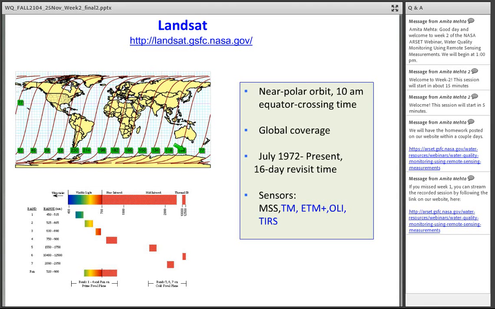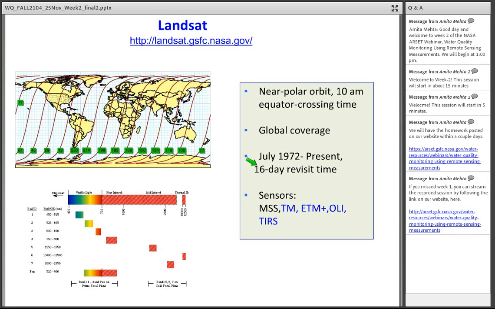So this plot shows the orbit of the Landsat satellite. It's a polar orbiting satellite, and it has a 10 a.m. equator crossing time, which means that at local 10 a.m. time it crosses the equator. Similarly, at local 10 a.m. and 10 p.m. time, it observes a location on Earth. So depending on where you are located, there could be one or two observations per day, but the same place is not covered before 16 days.